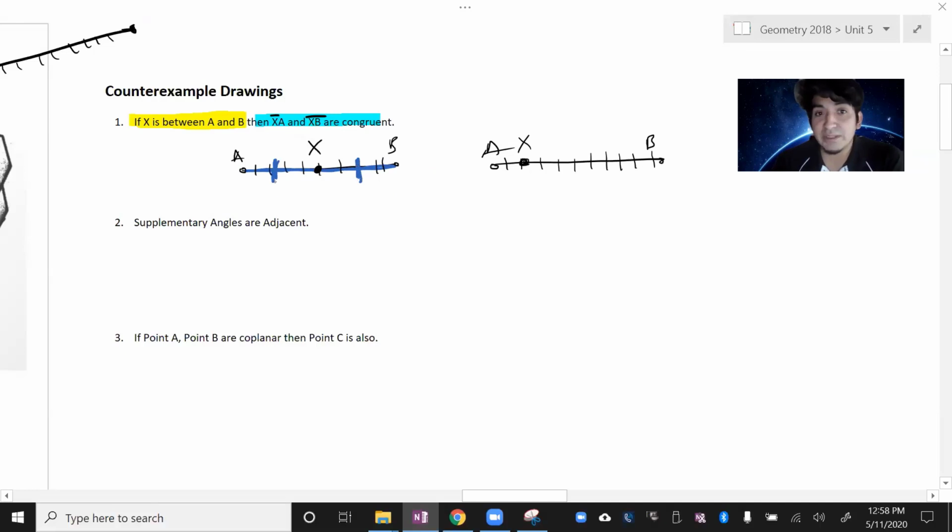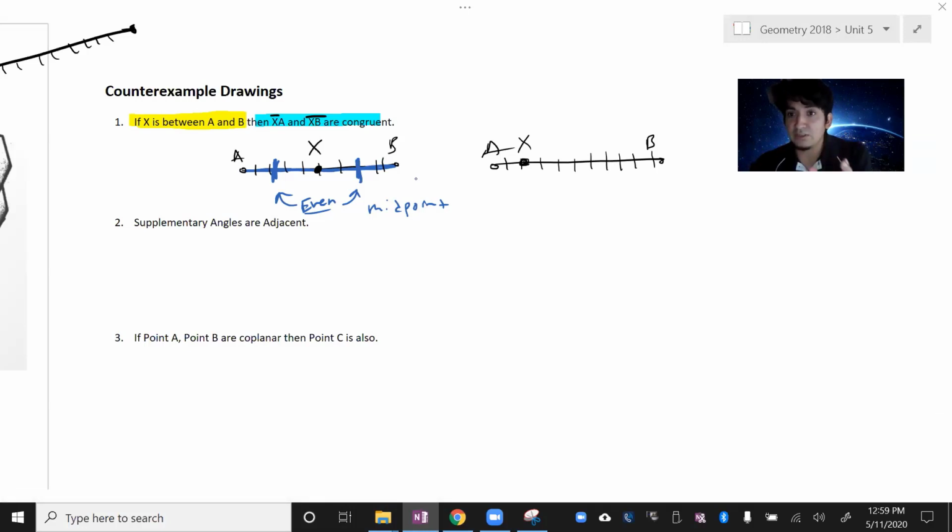So now I have both of them, and these are actually even, because they're half and half. So that'll be considered the midpoint in this case. You have to really understand angles and the different points along a line segment to conclude these.